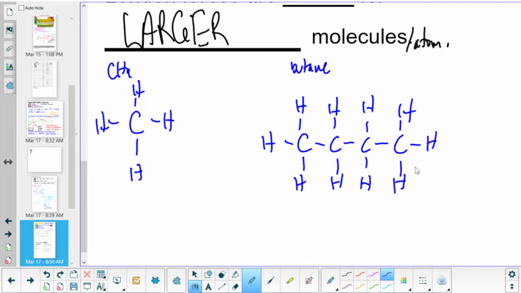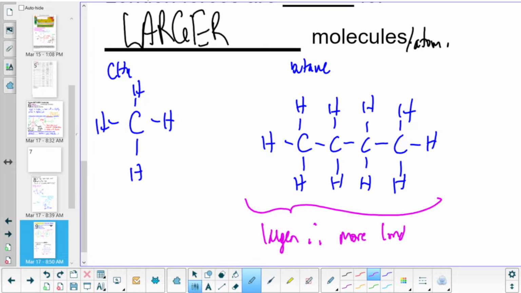There are so many more electrons in those bonds. Larger, therefore more London force. Therefore, it's a liquid. Methane has a small London force.